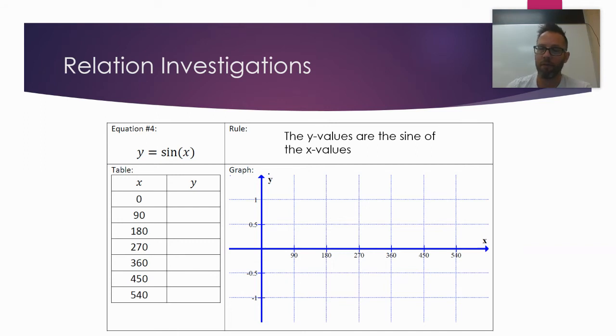So the sine of 0, when you punch that into your calculator, you should get 0. When you punch in sine 90, you should get 1. Sine 180, you should get 0. Now, you have used the sine ratio in the context of triangles, or acute triangles, where the angles are actually in a triangle between 0 and 180.